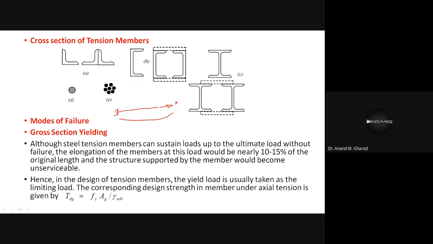So the mere presence of this elongation will make this complete member unserviceable. So this is what is not at all acceptable.